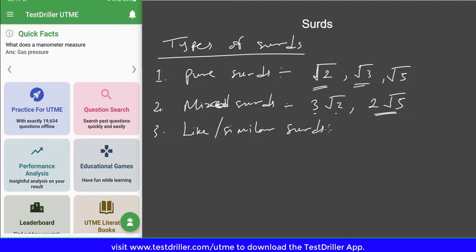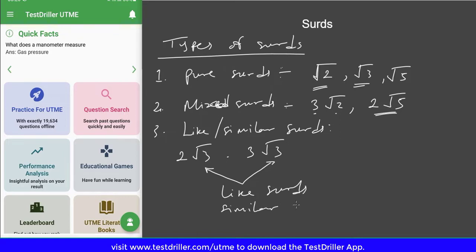And number 3, we have what we call like or similar surds. If you say two surds are alike, or if you say two surds are similar, what you're saying is they have the same pure surds. Let me explain. If you have 2 root 3 and you have 3 root 3, because they have the same pure surd, you say they are like surds or similar surds.